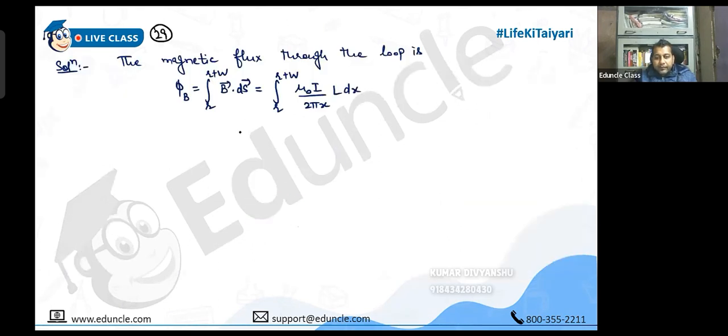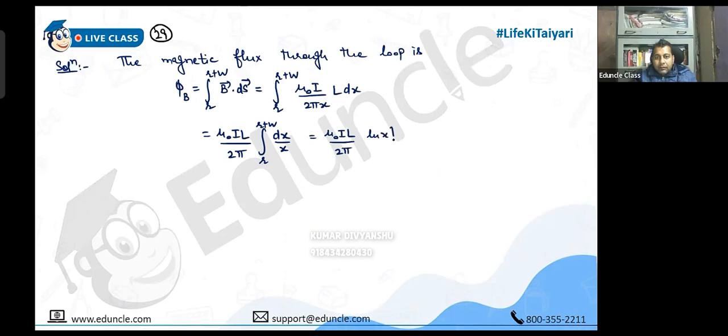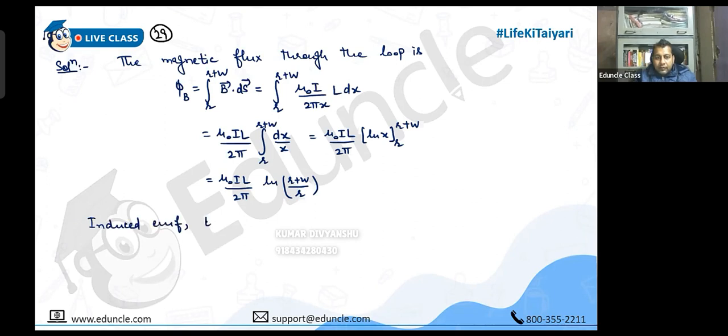So mu naught I L by 2 pi, integral of dx by x. So induced EMF is minus d phi by dt, minus mu naught I L by 2 pi, R by R plus W, d by dt of (R plus W) by R.